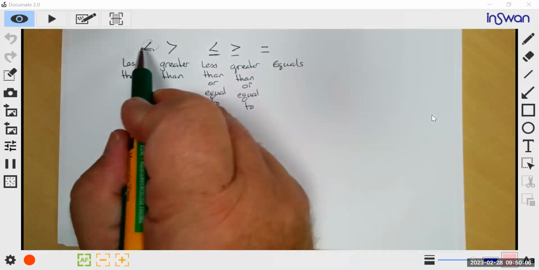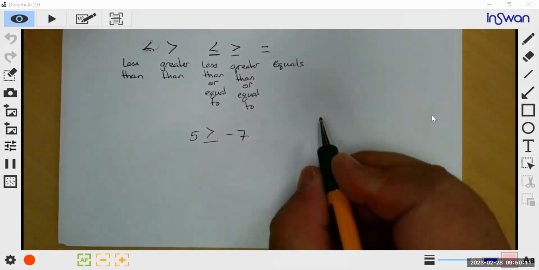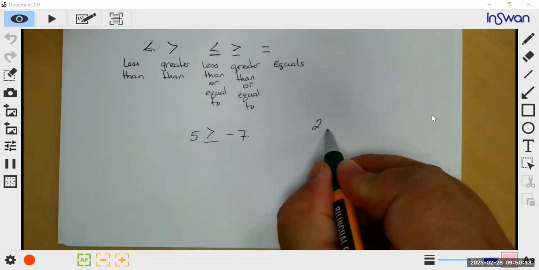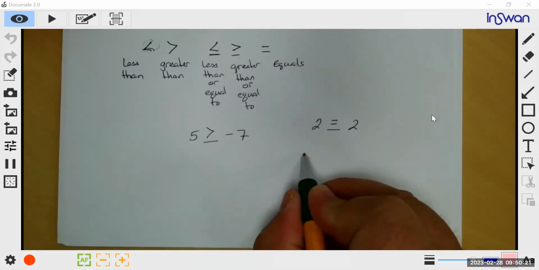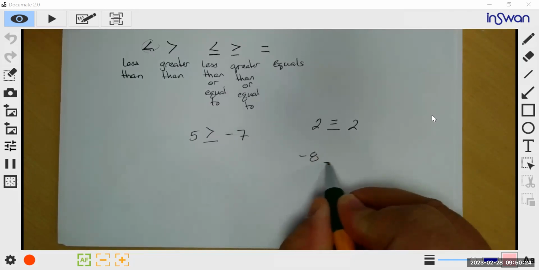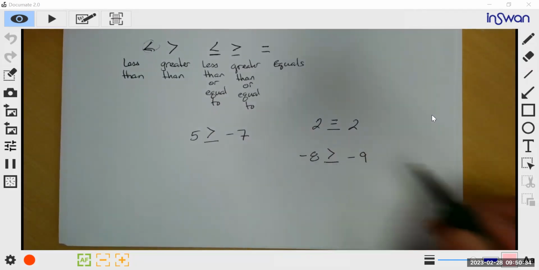Basically, it'll always point to the smaller number. How about that one? Very good.